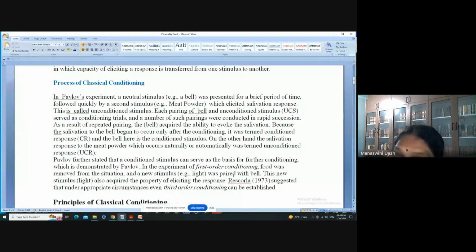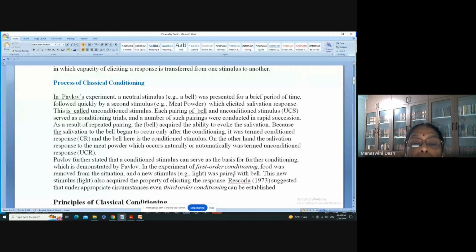No learning is required to elicit salivation in response to food. The food is called unconditioned stimulus, and salivation to food is called unconditioned response, because no conditioning is required. It is its natural reaction. Okay, understood? Yes, ma'am.